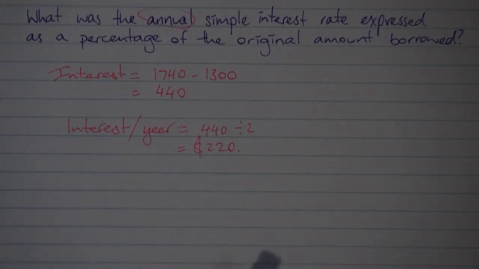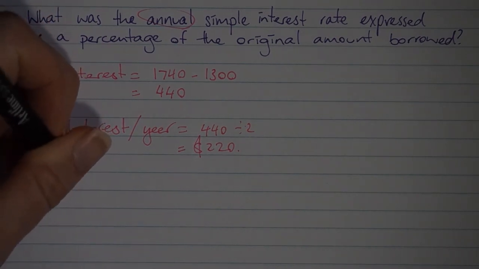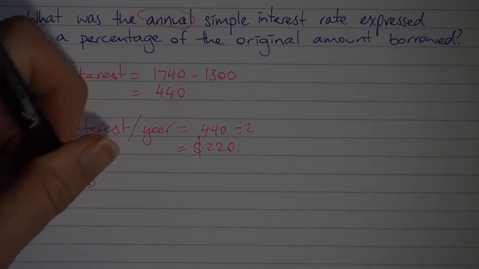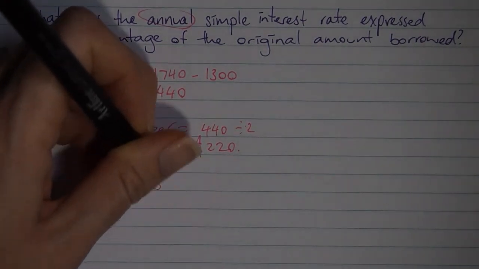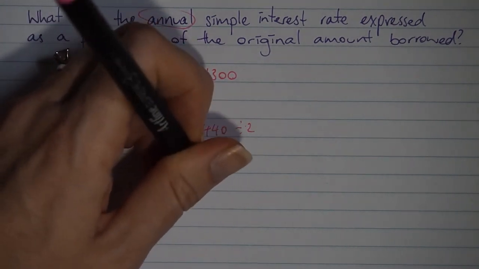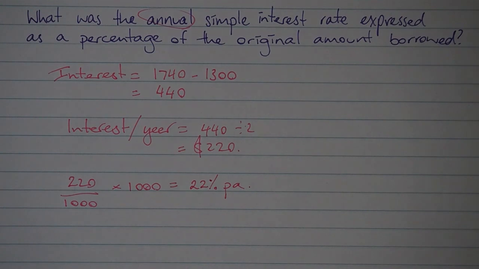So remember, the cost of the fridge was $1,300, but she paid a $300 deposit. So the amount that she really borrowed was $1,000. So we express $220 as a percentage of 1,000, and we get 22% per annum. Okay, which is a lot of interest.